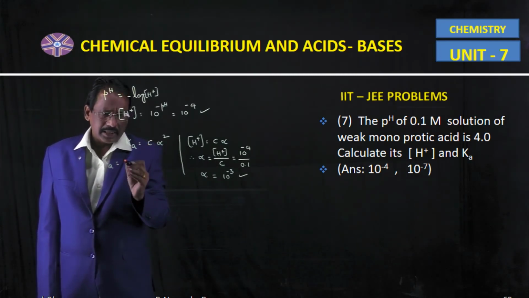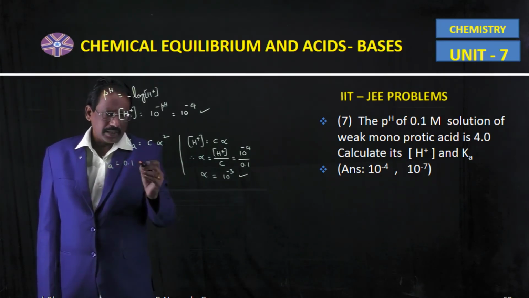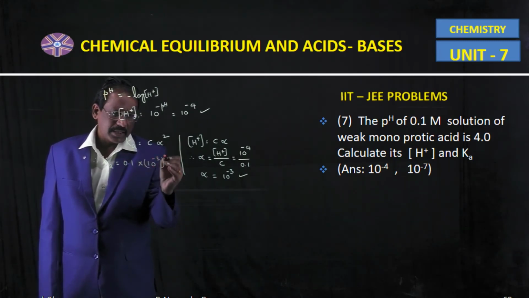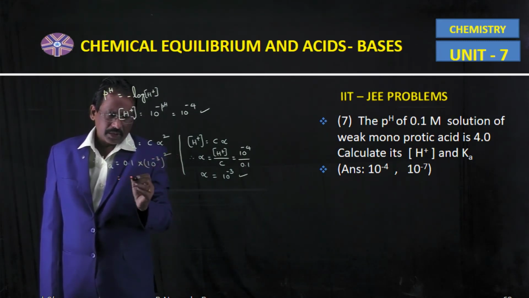Here C is 10 power minus 1 into 10 power minus 3 whole square. So this is equal to 10 power minus 7.